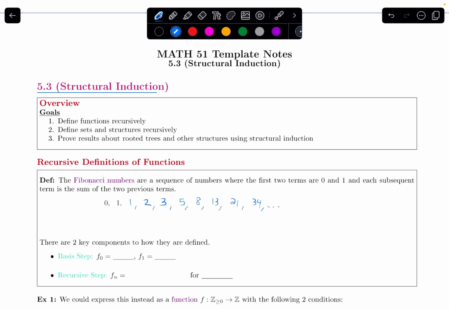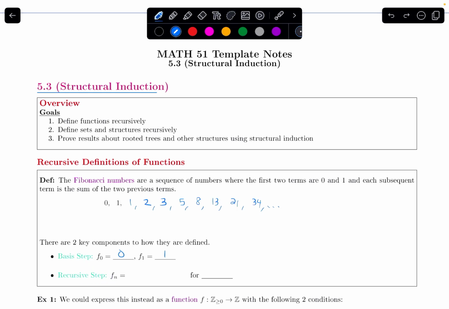So the two key components to how they are defined is, well, there's this basis step where I define some initial terms. So my first term, maybe I can label that as f0. That's 0, and then the next term, f1, is 1. Okay, and then there's this recursive step, which tells me how to create terms after that.